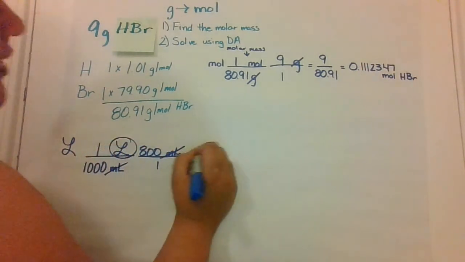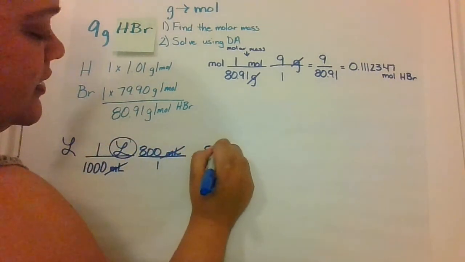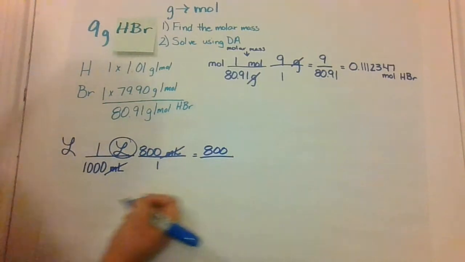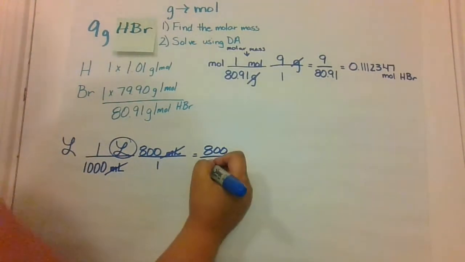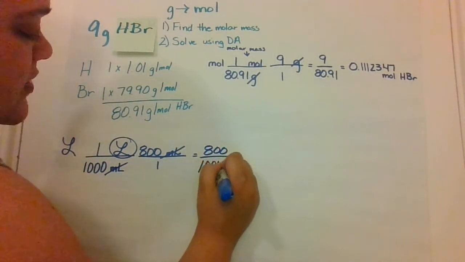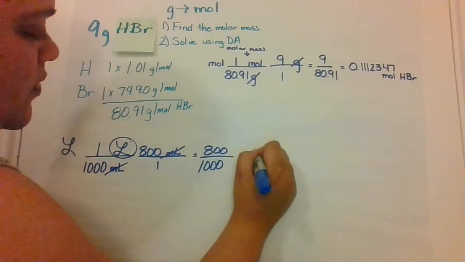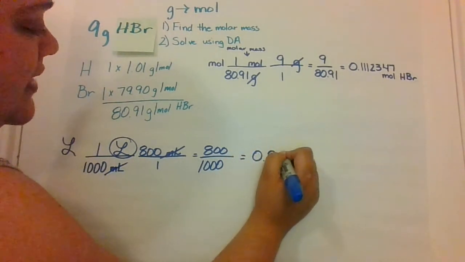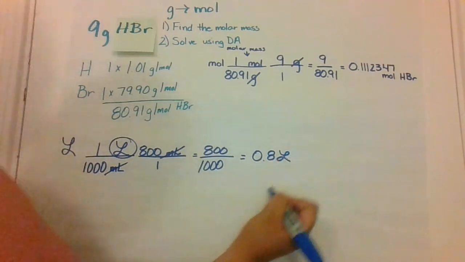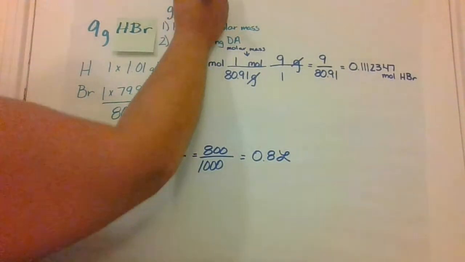So 1 times 800 is 800. 1,000 times 1 is 1,000. So if we divide, we are going to say that we have 0.8 liters. Okay?